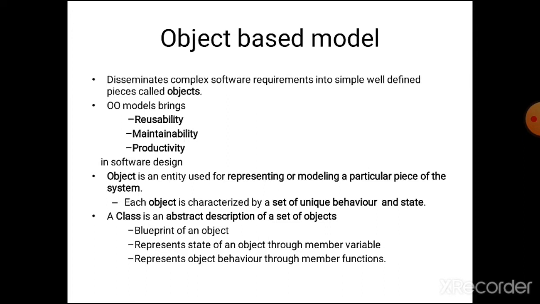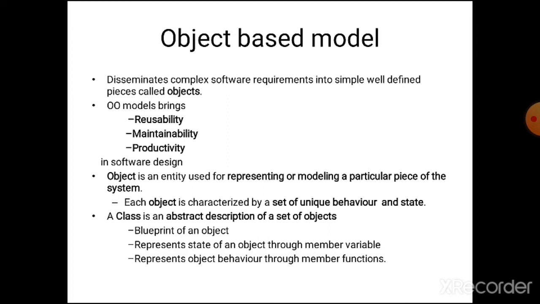So a class is known as the blueprint of an object. A class has a state and its behavior. State is represented through member variables and object behavior through member functions.